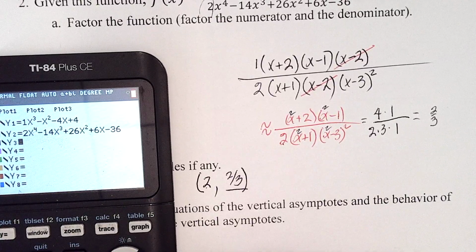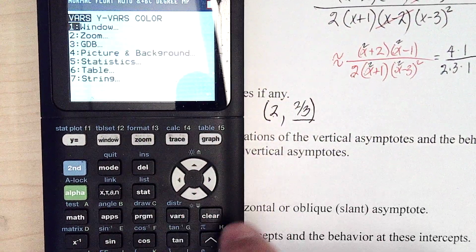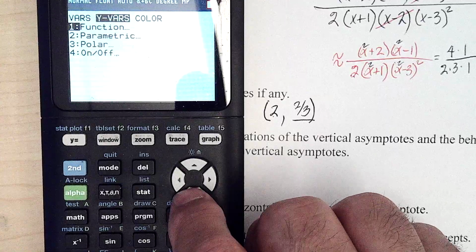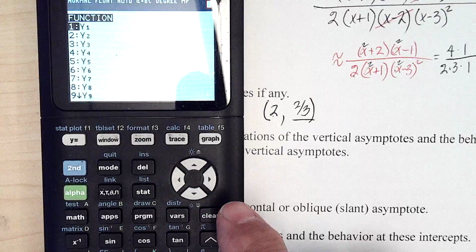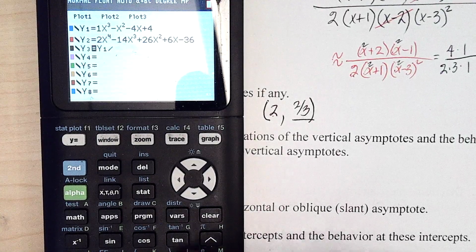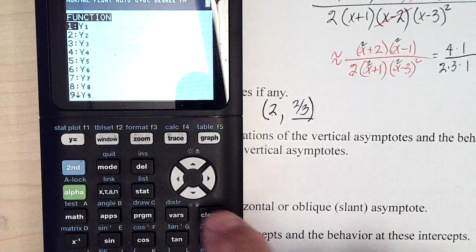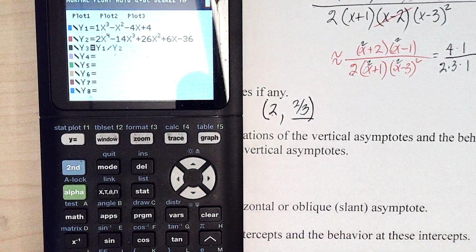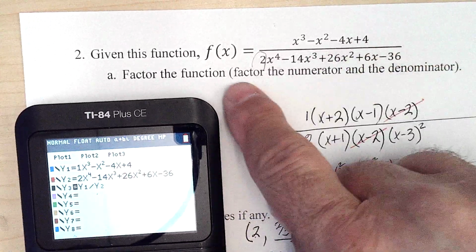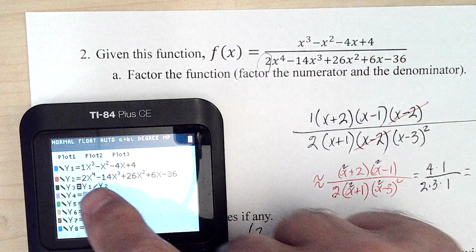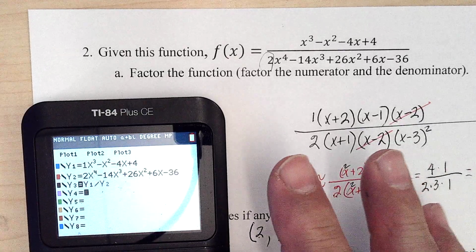But in y3, I'm going to go vars, y variables, function, and I want to do y1 divided by vars, y variables, function, y2. I called this y1, the numerator, and y2 this. So y1 divided by y2 is my original function. So now I can graph that.